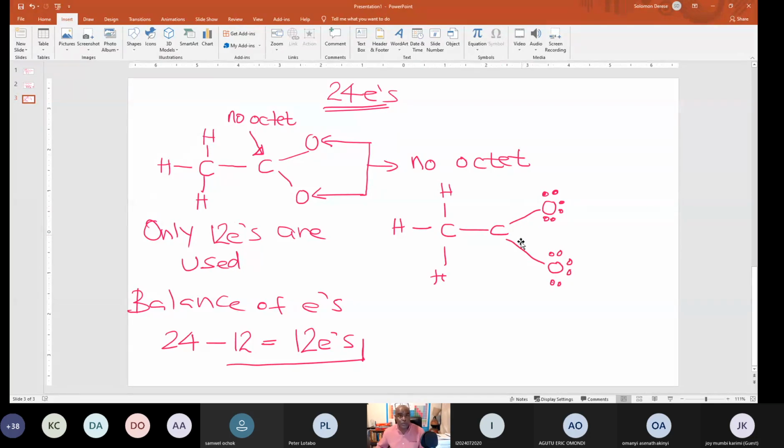Those are 12 electrons. Then 12 of the electrons, we use them as lone pairs of electrons. So all 24 electrons are used as bonding and non-bonding electrons.